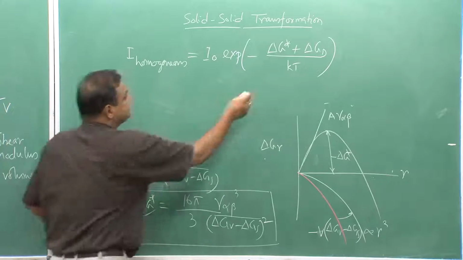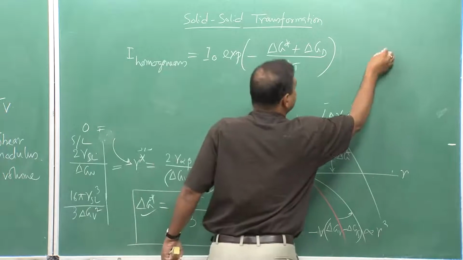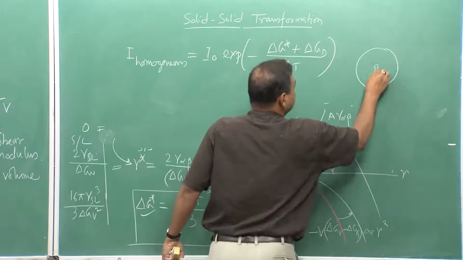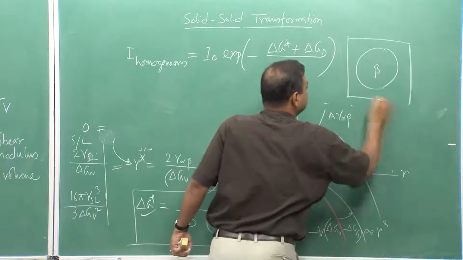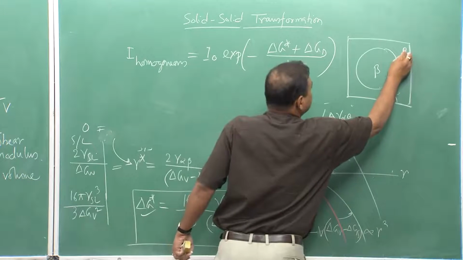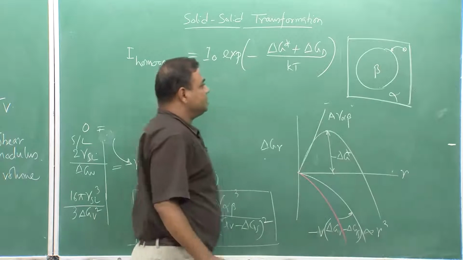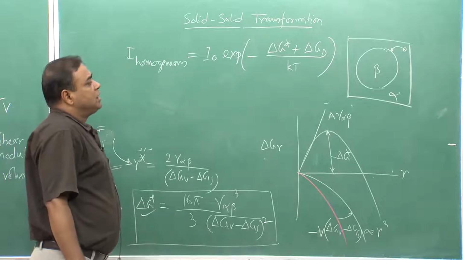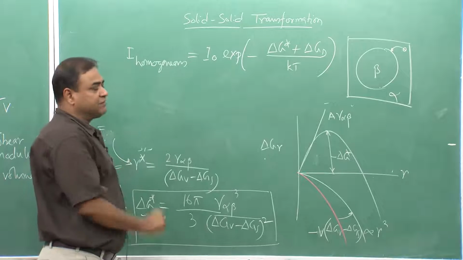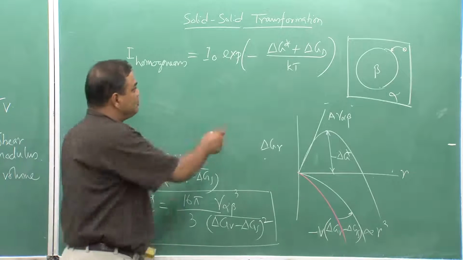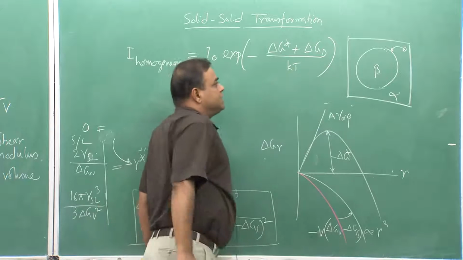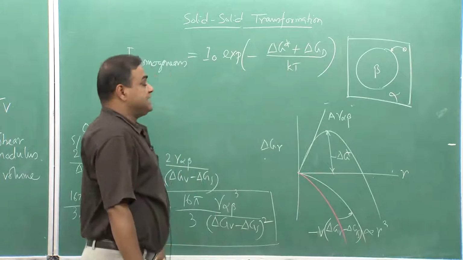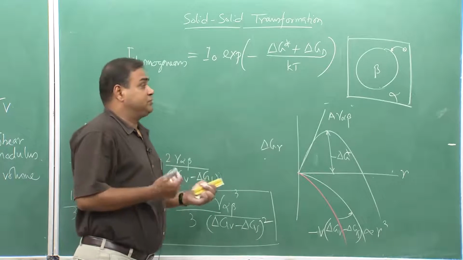And this delta G D is basically, for example, if we have beta in alpha, when this alpha atom migrates and goes to the beta surface, we have to come across another energy barrier, which is delta G D, which is coming from the diffusion factor.